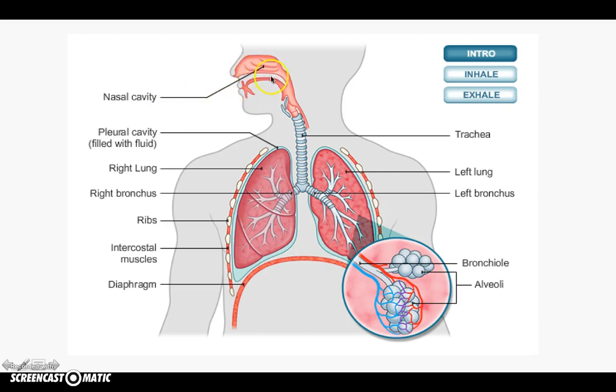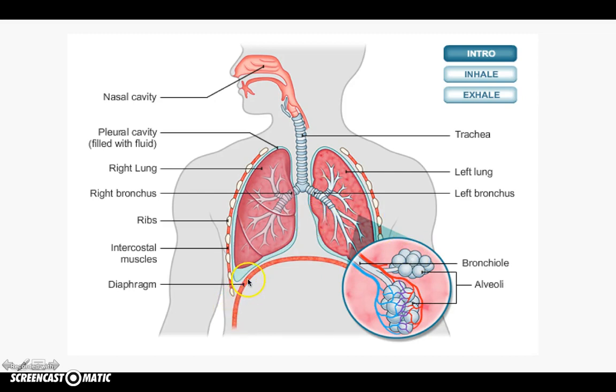It comes down here and around here. We've got the pharynx and the larynx. Air comes rushing through the trachea, down the bronchi, into the bronchioles, which are these branches here, and then finally into the alveoli.